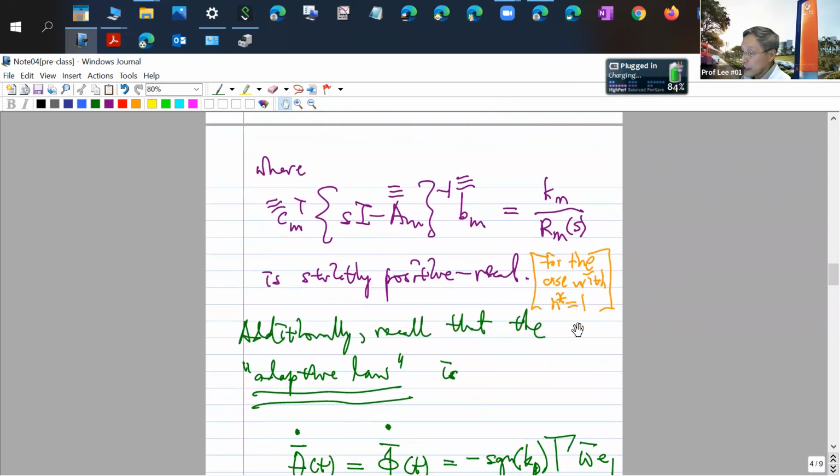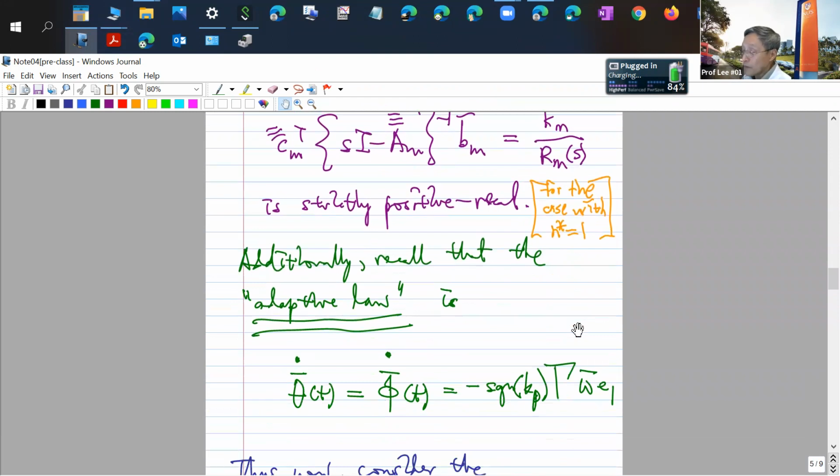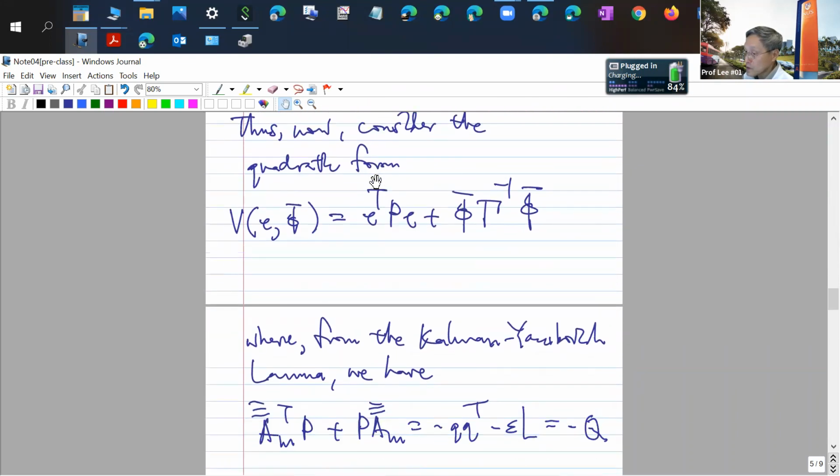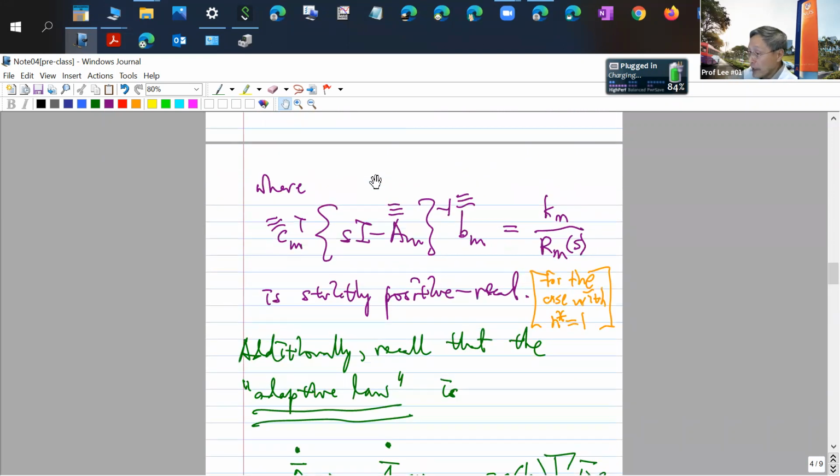So then what we do is we use exactly this strictly positive real system, go by the Kalman-Yakubovich lemma for this system. First of all, we already got this first part for the AM triple bar. Now we will go back and use the remaining parts, with no direct feedthrough.